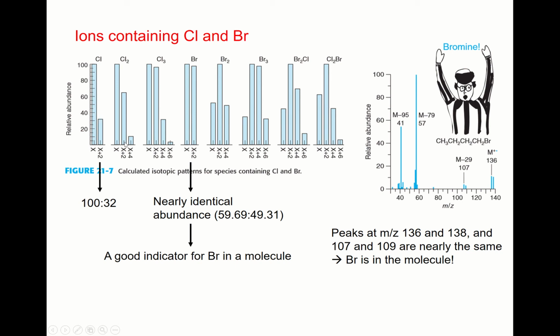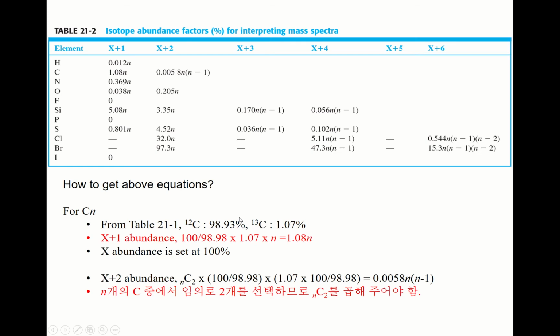Now here you see the mass distribution, and I strongly recommend you calculate this relative abundance, with x as the base peak. This is a good example, and you can do it very easily.